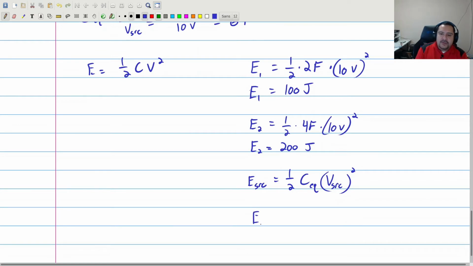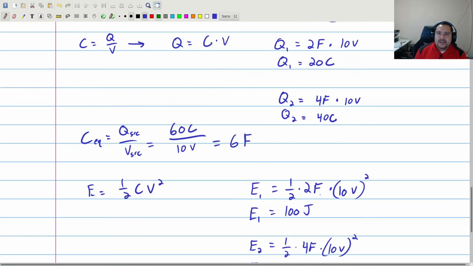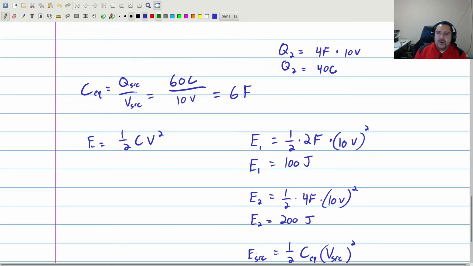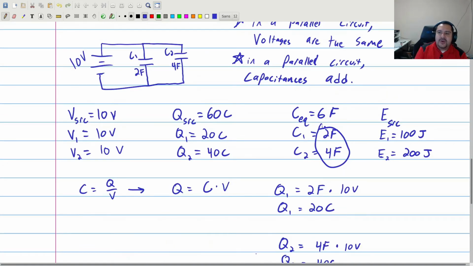So E of the source is equal to 1/2, C equivalent we decided was 6 farads, times the voltage of the source, 10 volts, squared. 10 squared is 100. 100 times 6 is 600. And half of 600 is 300 joules. So I go back up here, and my final step for this problem is to write in E of the source is 300 joules.